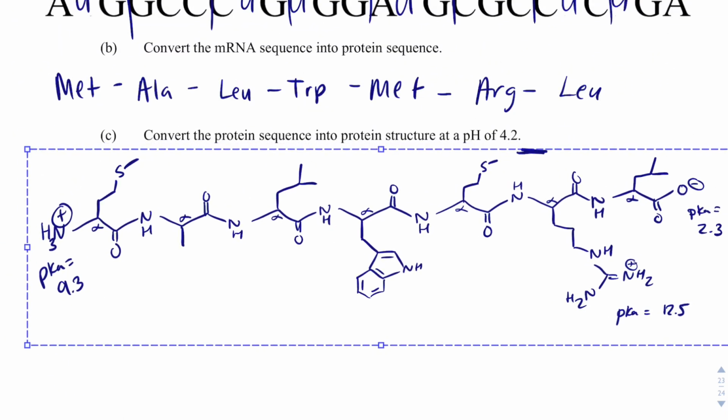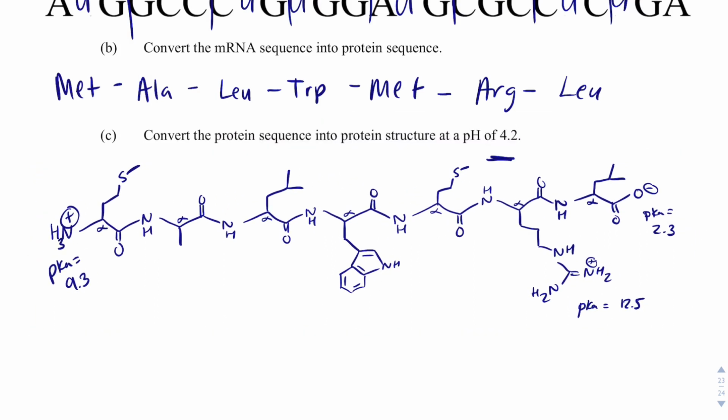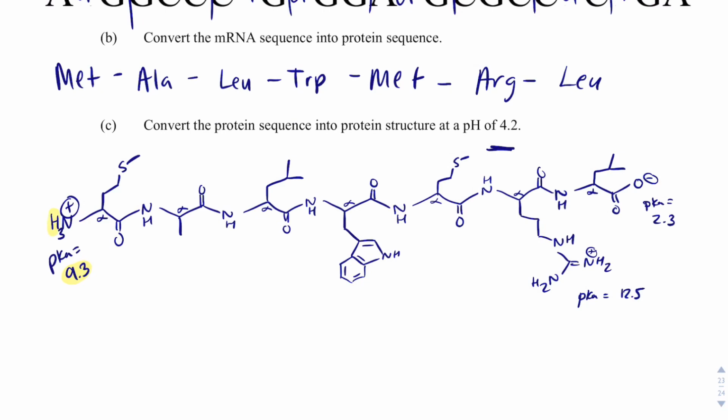We're just at a pH of 4.2. So nothing actually changes, okay? Because this pKa is 9.3, meaning that if I want to take off one of those H's, I have to get past 9.3.